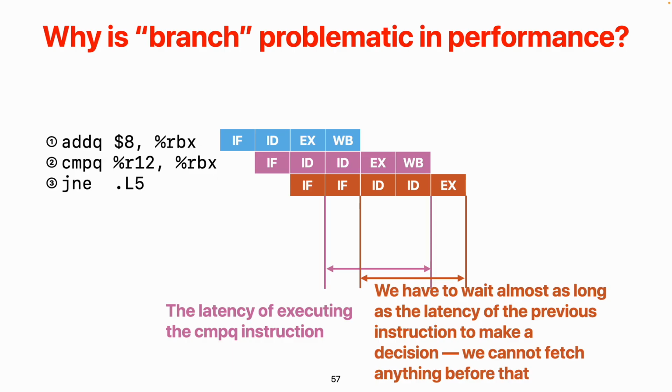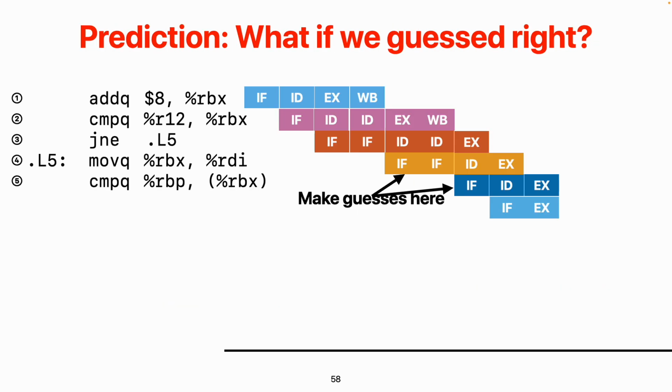So here's the idea that we have. If we cannot know what instruction to fetch, well, this is pretty much like what happened during your midterm. If you don't really know the answer to a multiple choice question, and you know that I'm a nice guy, I don't give you a penalty for random guesses, what would you do? Just make a guess, right? That's what our processor would do.